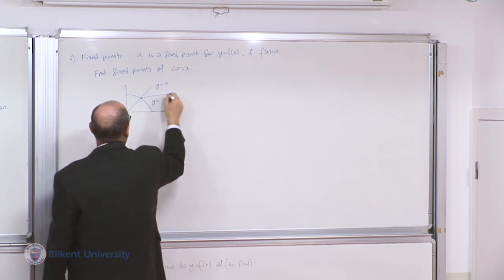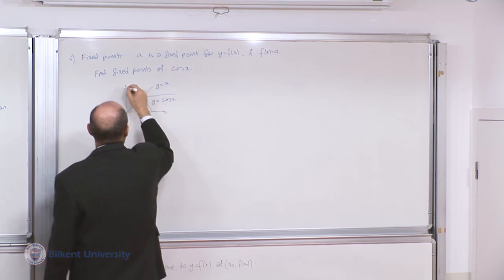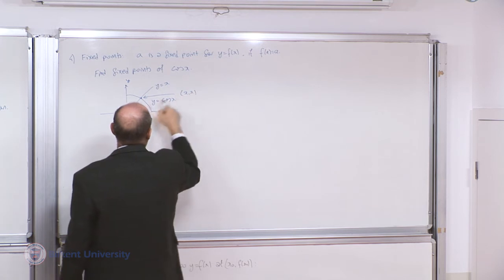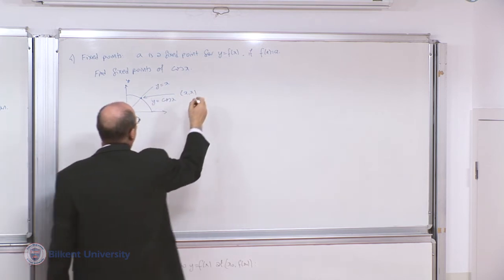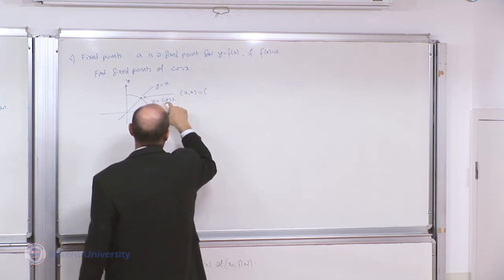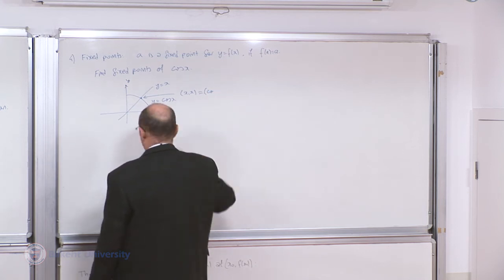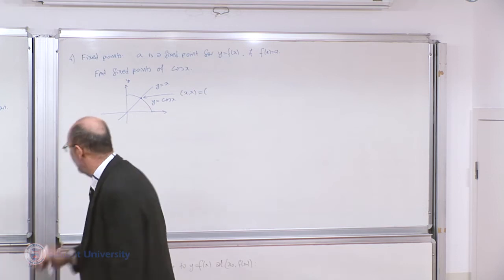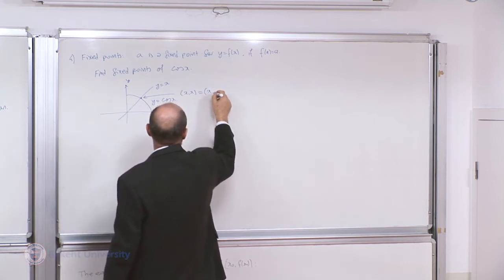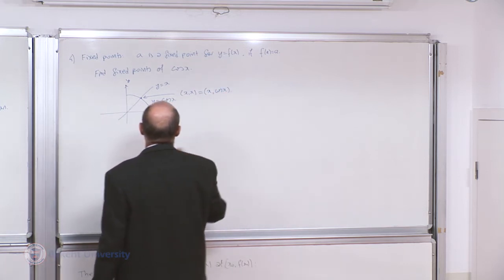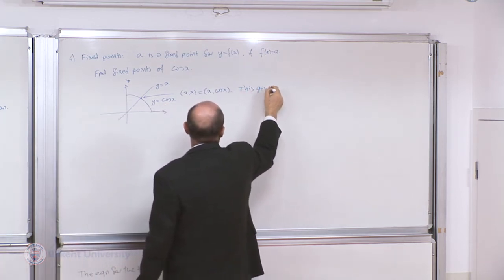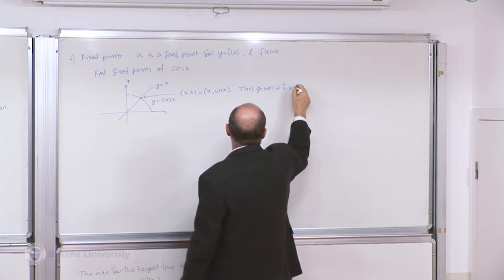So this point is, say, x because it is on y equals x, but it is also, since it is on this curve, x, cosine x. Okay, so this is a fixed point. This gives a fixed point.